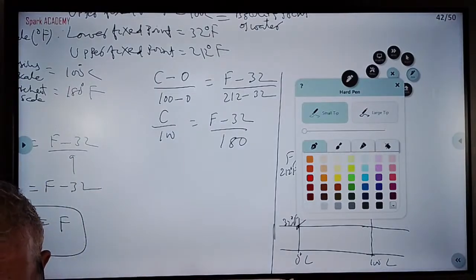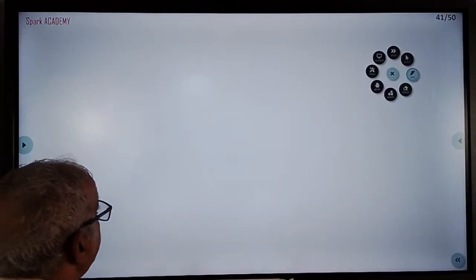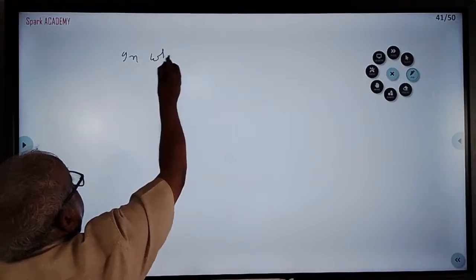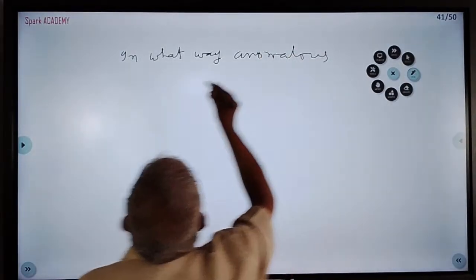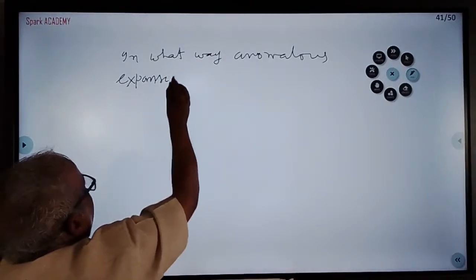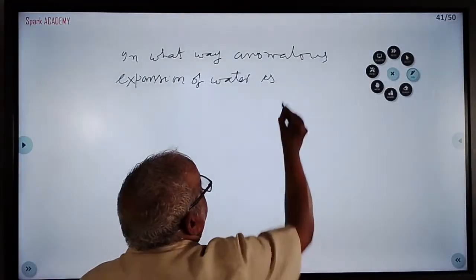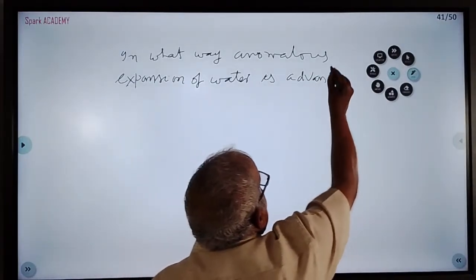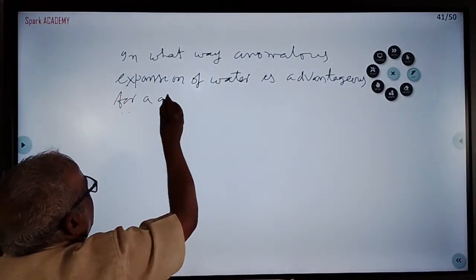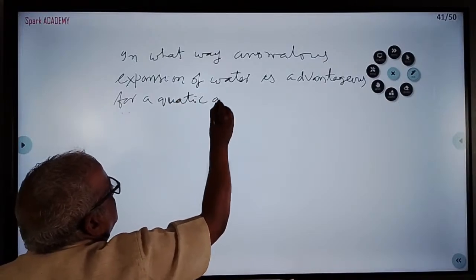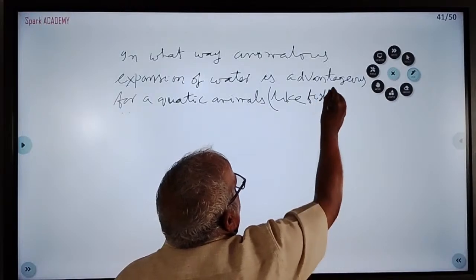Last short question: in what way is the anomalous expansion of water advantageous for aquatic animals like fish, frog and all that?